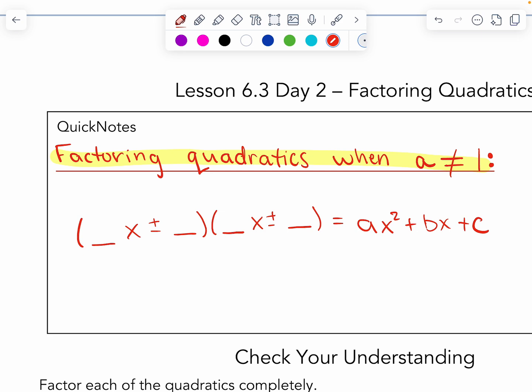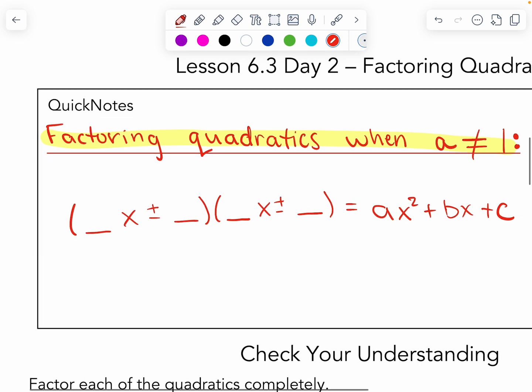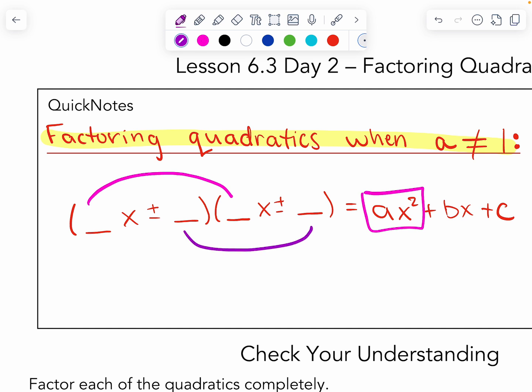All right, now is going to be a great time to get colored pens out to follow along with this process. So when we're looking to FOIL, we take our first, and when you multiply those two numbers, you will get this component. And then when you multiply your last terms, you get your constant coefficient.